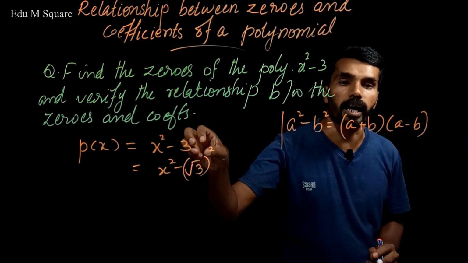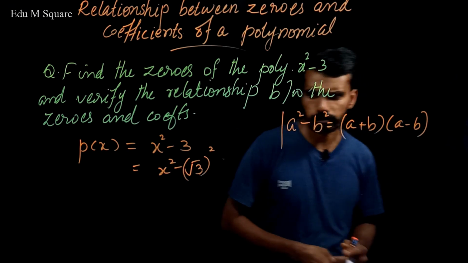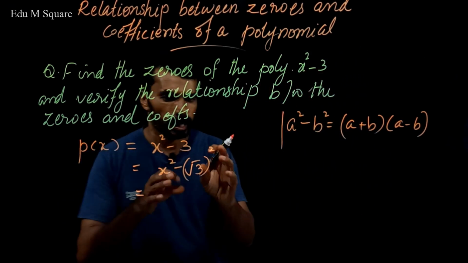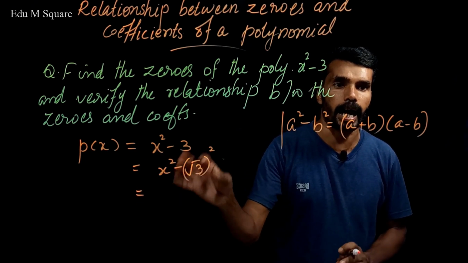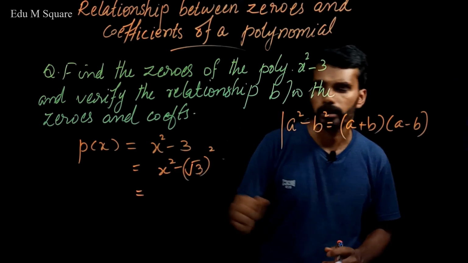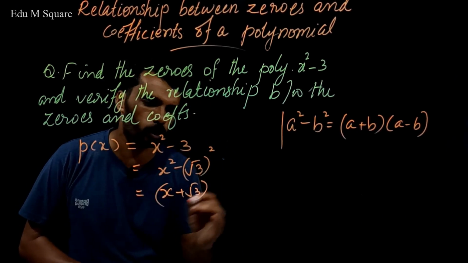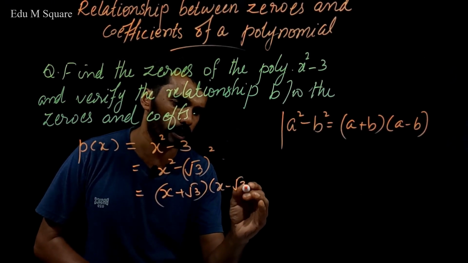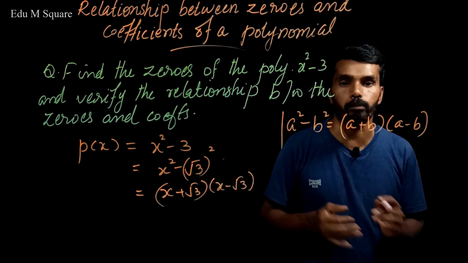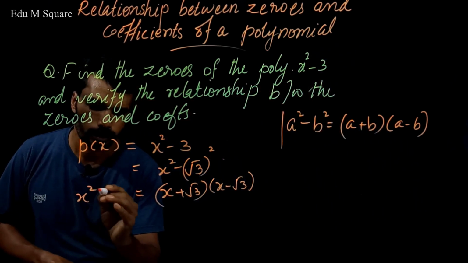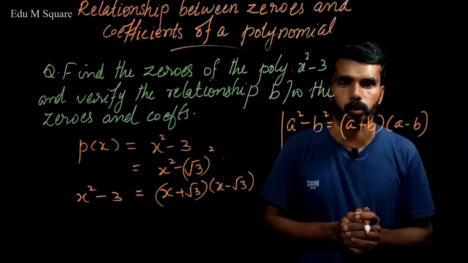So x square minus 3 is equal to x square minus root 3 square. Now this is of the form a square minus b square. Here a is x and b is root 3. So it can be written as x plus root 3 into x minus root 3. So p of x, or x square minus 3, is equal to x plus root 3 and x minus root 3.